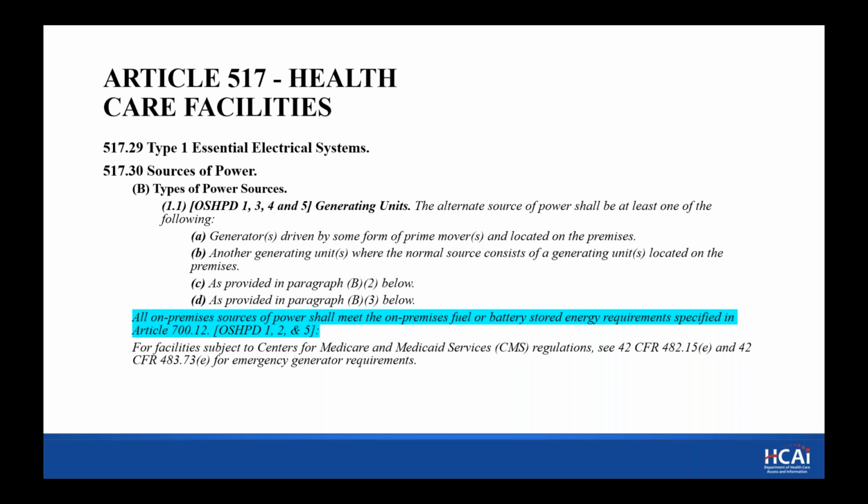Okay, sources of power. There's a revision. The code allows that for emergency sources of power, generators, as provided in B2, fuel cells, as provided in B3, and batteries. We made clear here that all on-premise sources of power shall meet the fuel storage or battery storage duration requirements found in Article 700.12.